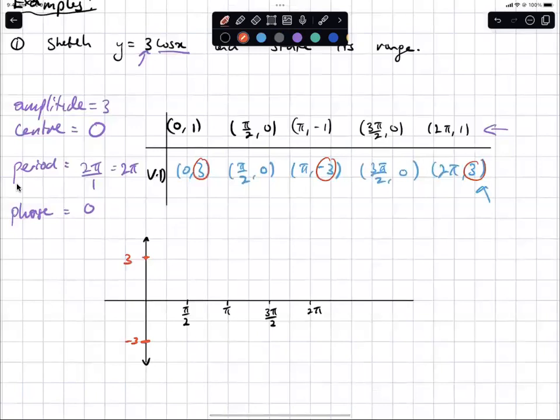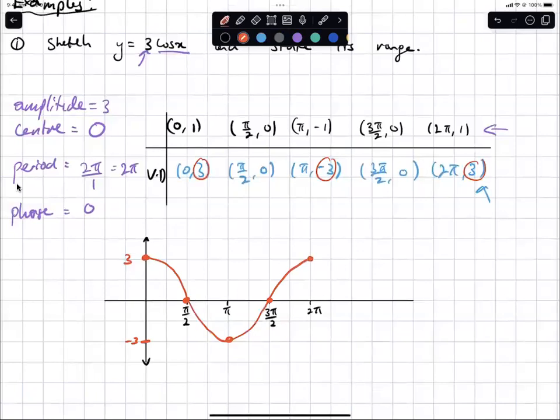So at 0 and 3 we put our first point. Then at pi on 2 and 0, that's our first intercept. At pi, we get -3. Then at 3 pi on 2, we get 0. And then at 2 pi, we get 3. Then it's just a matter of connecting the curves together in a neat way that communicates our understanding.